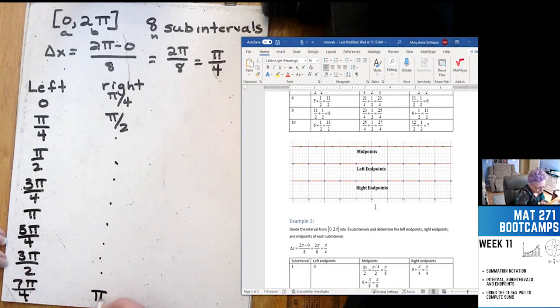We keep going and we end up all the way around the unit circle at 2 pi.